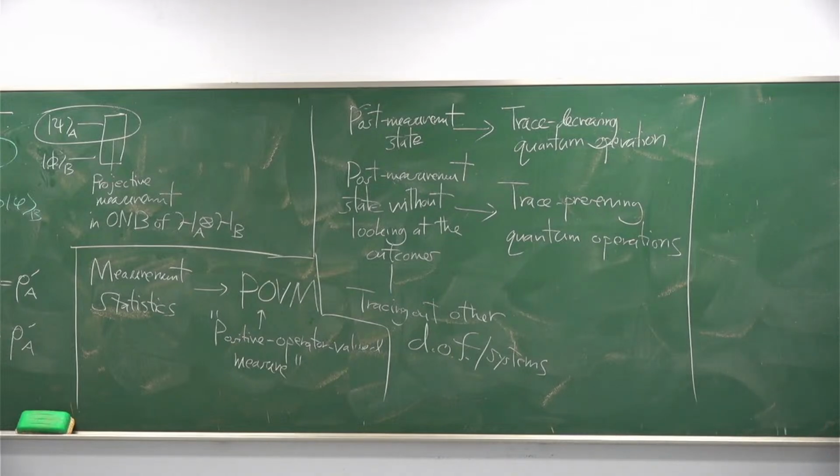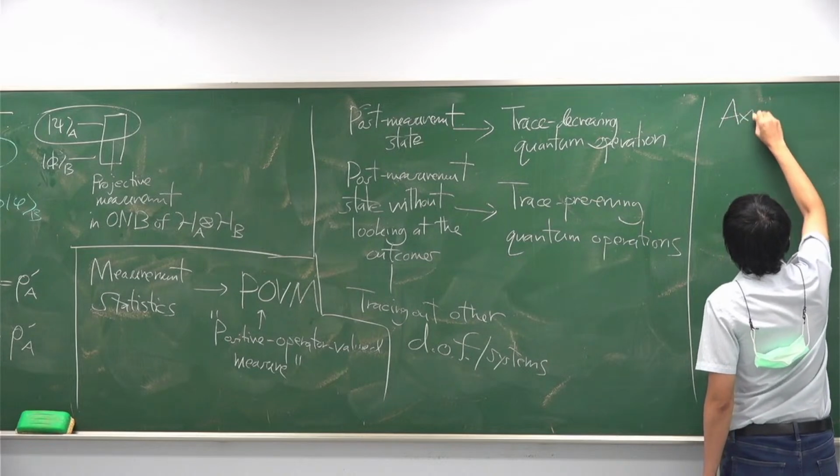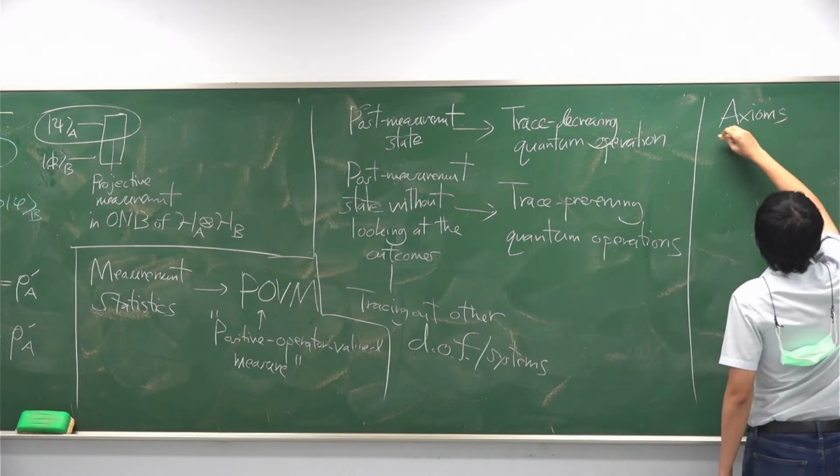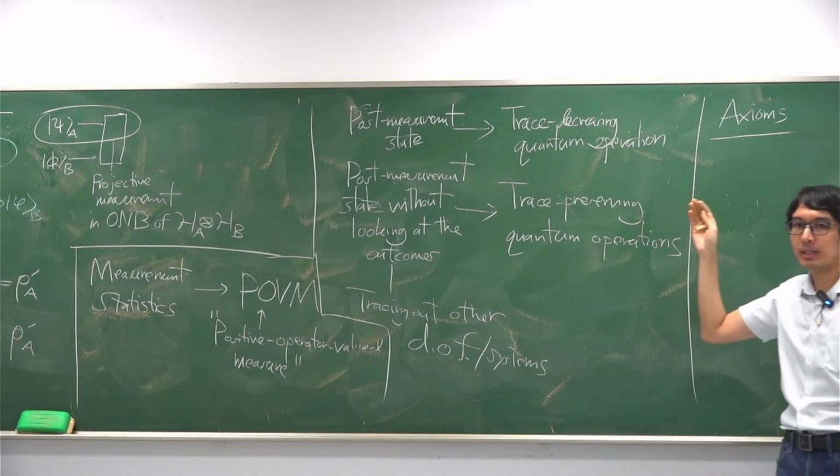So first I can list the difference between the old axioms of projective measurement and the new axiom of POVM. There'll be no physics here of how to realize this measurement. But you work out in homework 4 problem 3 how to extend rank 1 POVM to projective measurements on a larger Hilbert space.